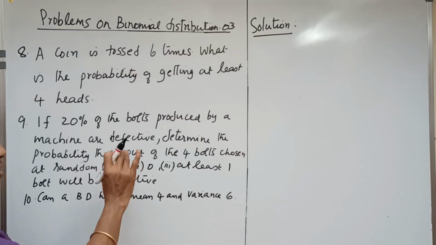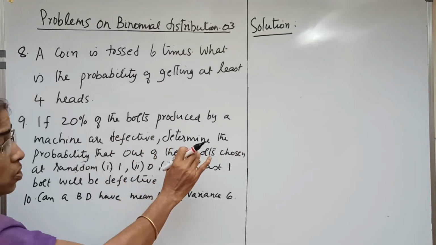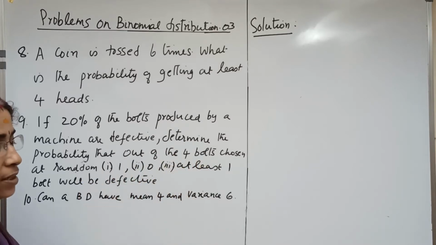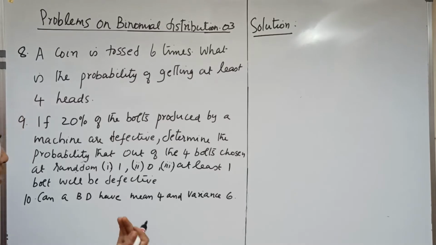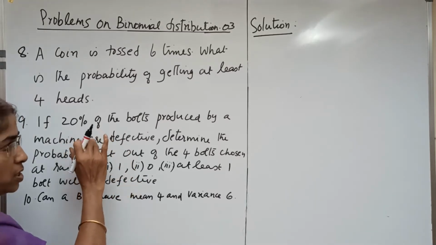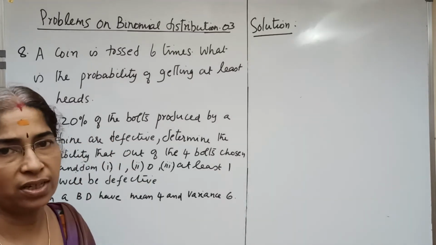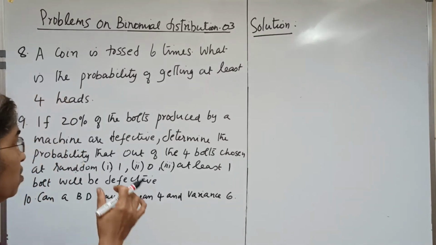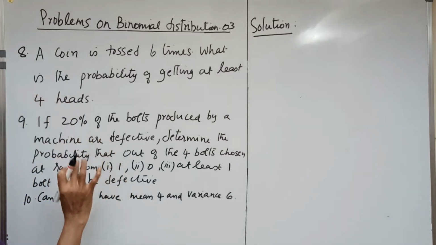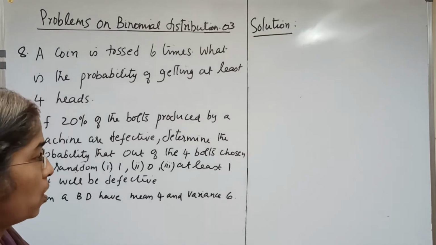That is, we are given out of 4 bolts, X as the number of defective bolts. And we are given 20% are defective. That is, the probability of a defective being 20 by 100 equal to 0.2.